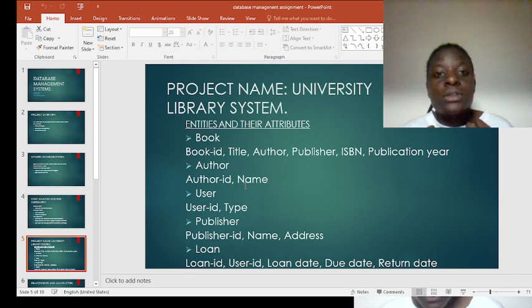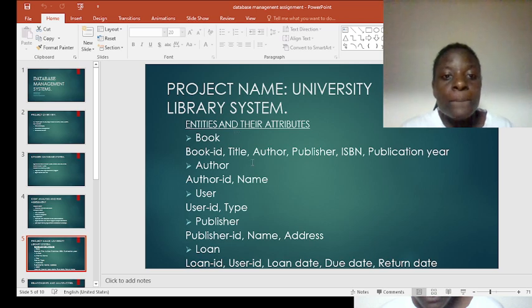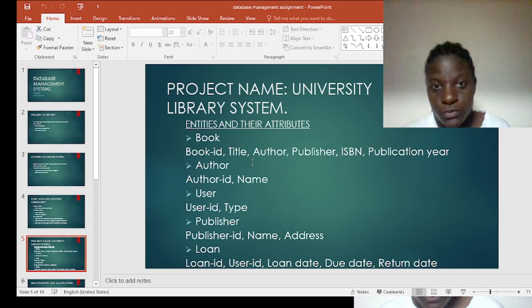Okay, so I have a list of entities and attributes that were involved in this. The entities in my system are book, author, user, publisher, and loan. They also have their attributes, because remember, attributes are like the characteristics of the entities.